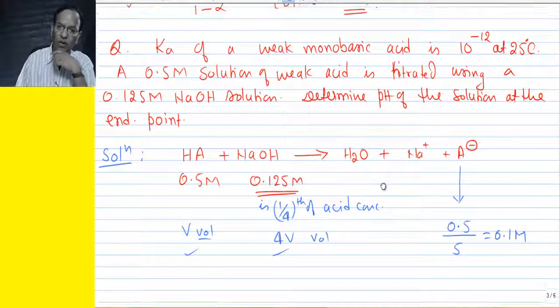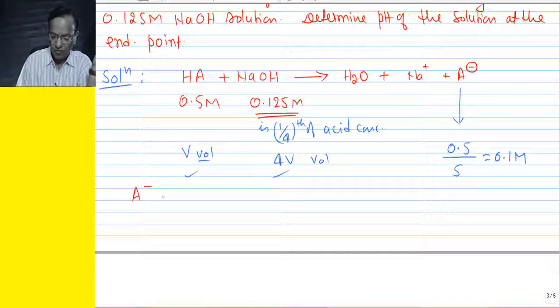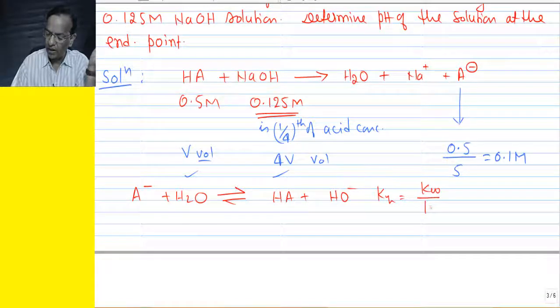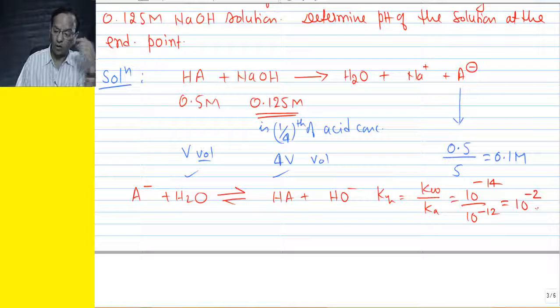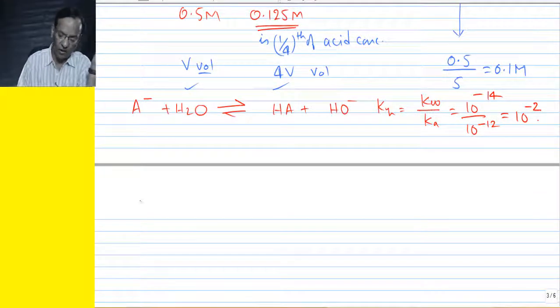Now this A minus will undergo hydrolysis. So this A minus will hydrolyze, giving HA plus HO minus, for which Kh is Kw upon Ka, 10 raised to the power minus 14 upon Ka, which is 10 raised to the power minus 12. So it will be 10 raised to the power minus 2. Now find out the approximate value of alpha.